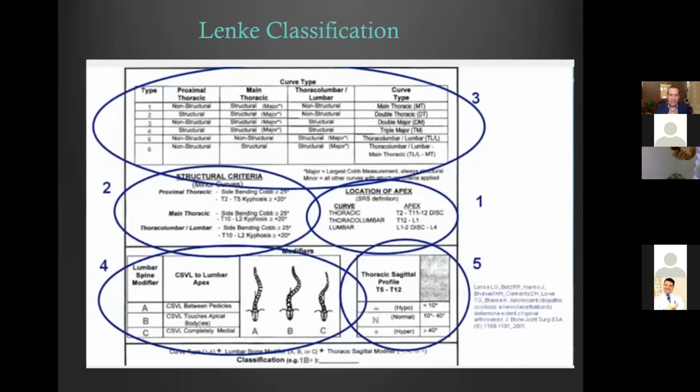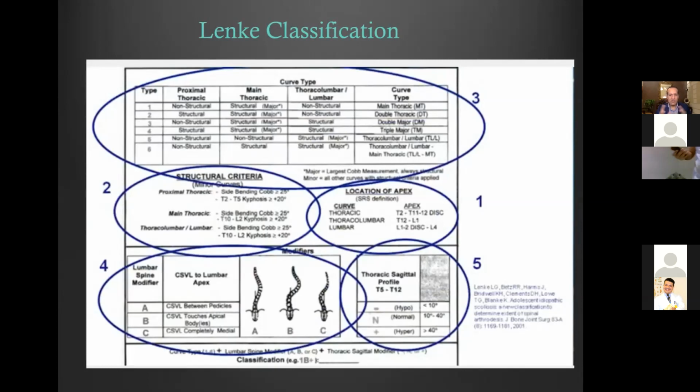Classifications in general are very important, as they are a common language between surgeons, but some classifications like Lenke can guide you to the decision of where to fuse exactly. Regardless, there is some question about the criteria, and there are some studies about the criteria to be 100% or 80% in the planning of the surgery.